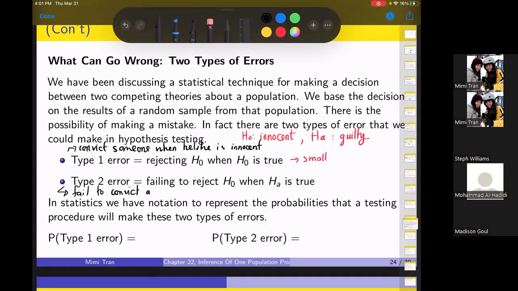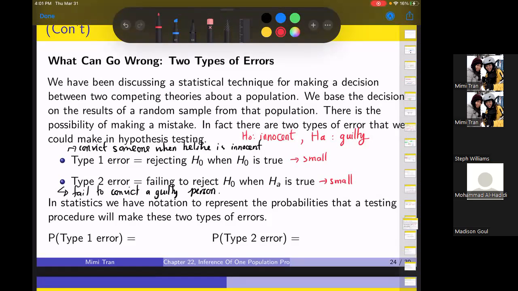Again, all these errors are fatal, so you want them to be as small as you can, especially the first one. The first one should be very small.